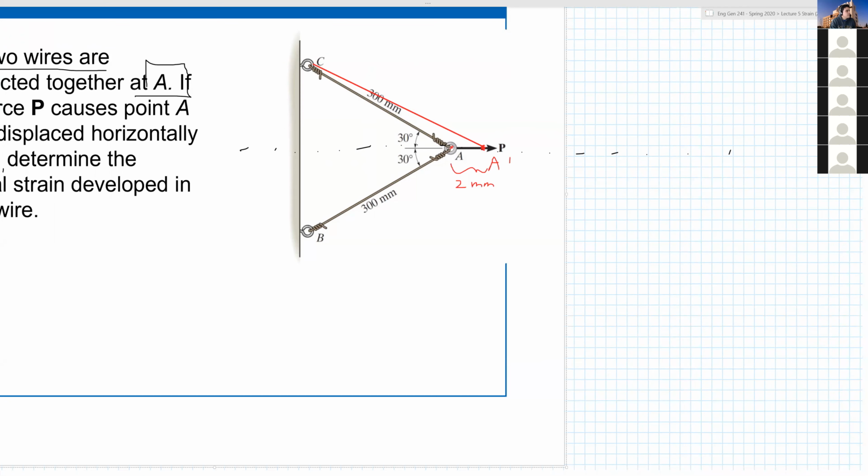Okay, so we have a new triangle, right? The original length of the cable is 300 millimeters. So let me redraw that. Just redraw what's happening here.